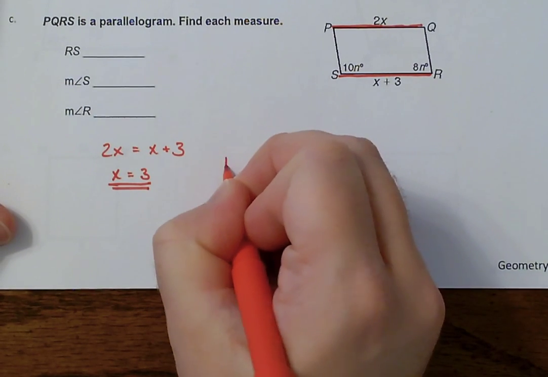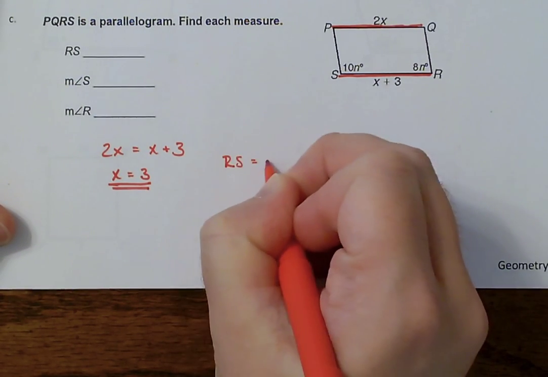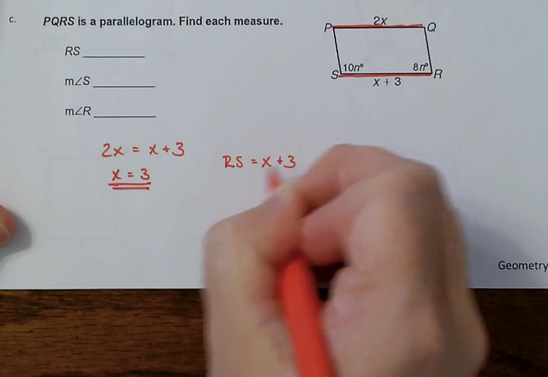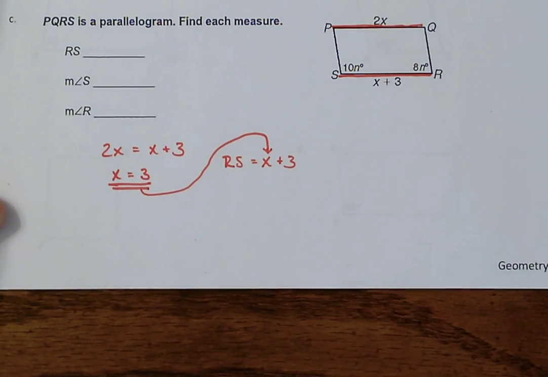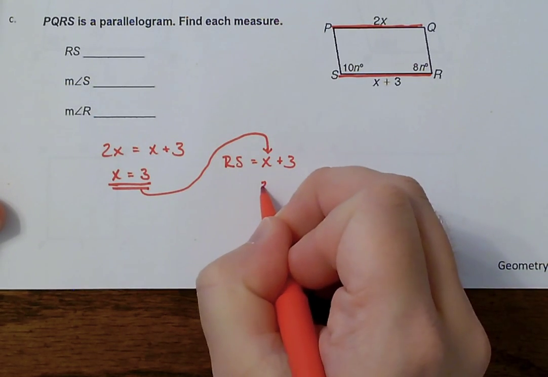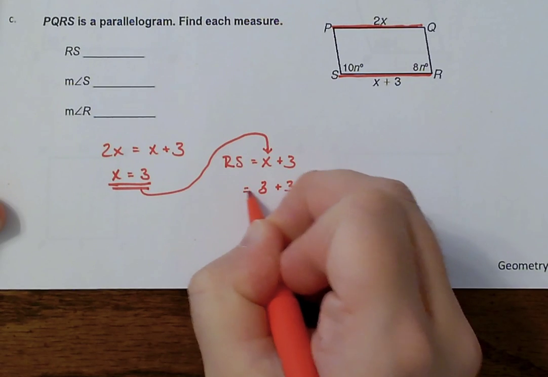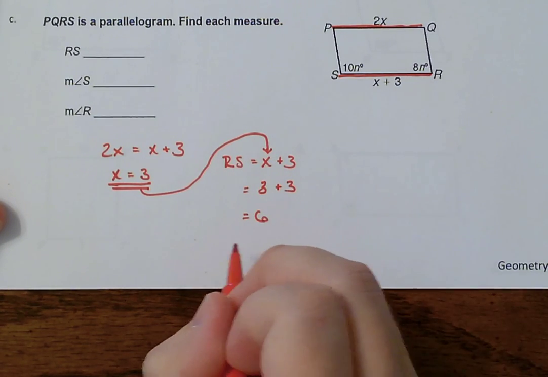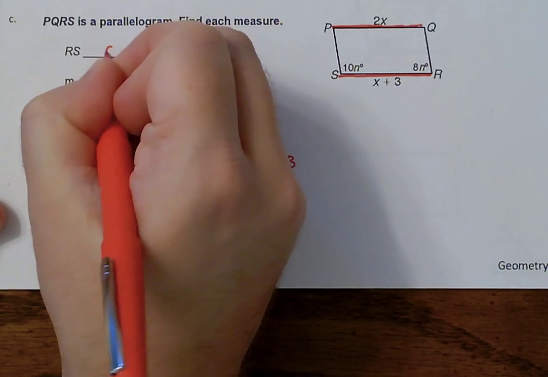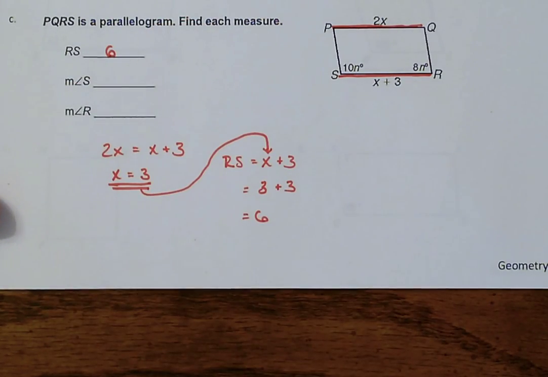For RS, we know that it's x plus 3, and we're going to plug this value for x into our problem. So we get 3 plus 3, which is 6, which means the measure of RS is 6 units long.